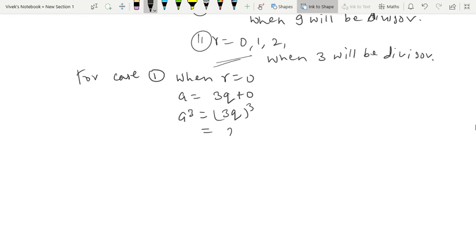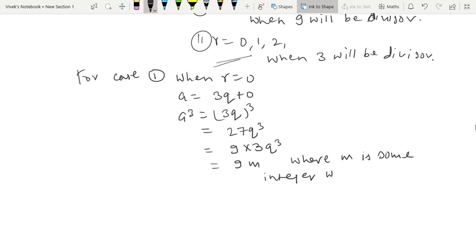So this will be 27q cube. Again this will be 9 into 3q cube, or this will be 9m, right? Where m is some integer, which is 3q cube, right?